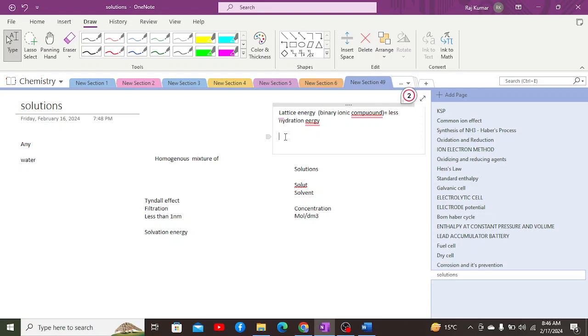As a result of this smaller size, their volume decreases and their density increases, as a result of which they are less reactive and more stable.